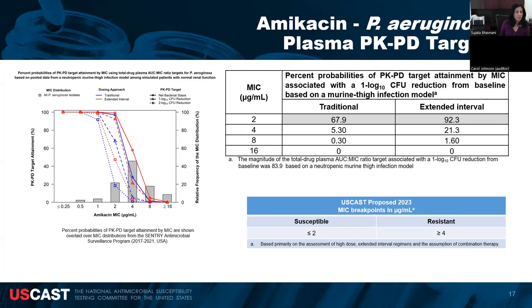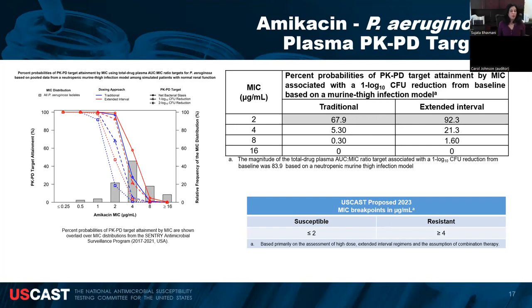Amikacin, we can see that, again, just like we saw for Enterobacterales, traditional dosing doesn't do so well at a 2, but extended interval dosing allowed us to achieve percent probabilities of target attainment above 90%, ergo justifying the contingency on high dose extended interval dosing.